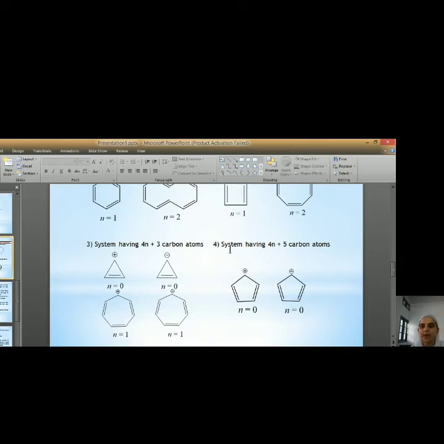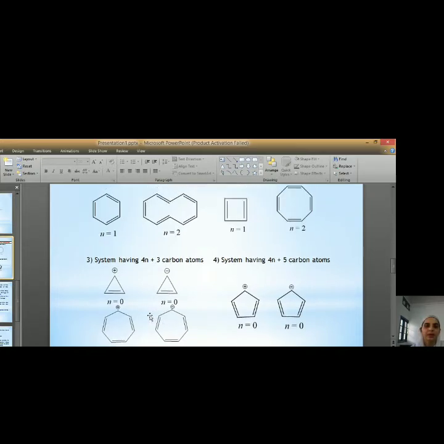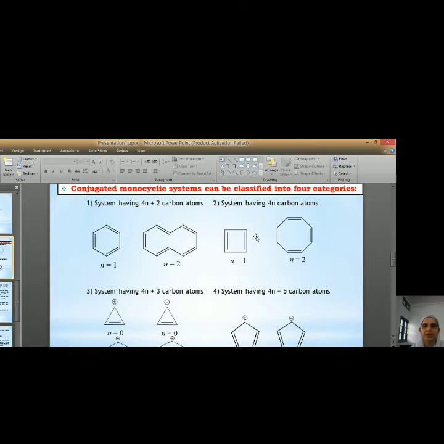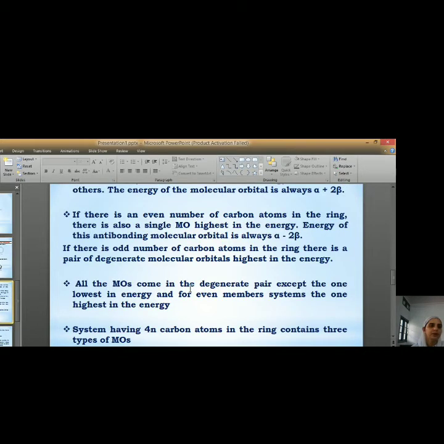The fourth one is the system having 4n plus 5 carbon atoms. So if we put n equal to 0, we get the cyclopentadienyl system. So these two systems contain an even number of carbon atoms and these two systems contain an odd number of carbon atoms. Now moving on to the next generalization which we can make.